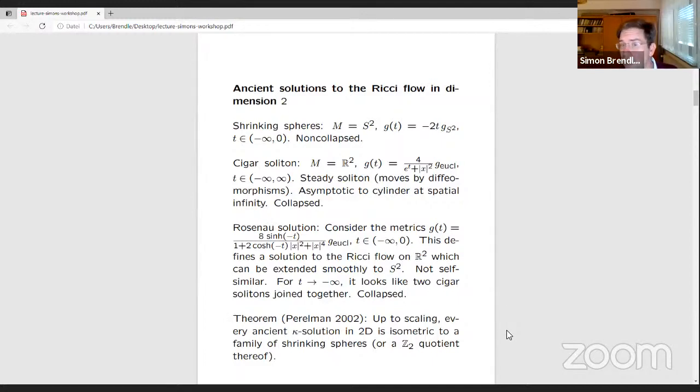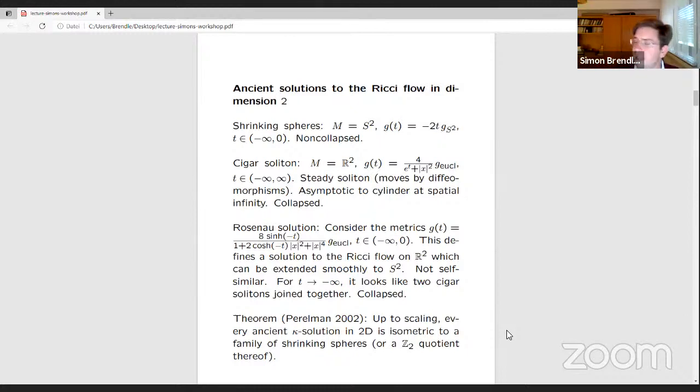If you allow collapsed solutions, then you can still get a complete classification, and that was done by Daskalopoulos, Hamilton, and Sesum. And the only examples are the cigar and the Rosenau solution. So this list is basically exhaustive up to quotients and scalings, of course, and diffeomorphisms and translations in time, the trivial things you can do.